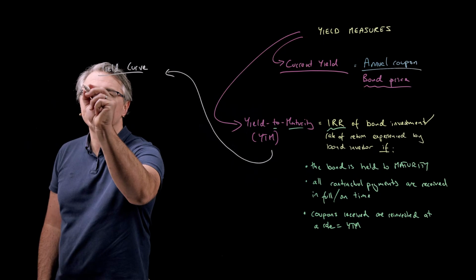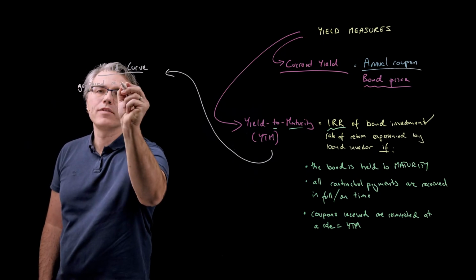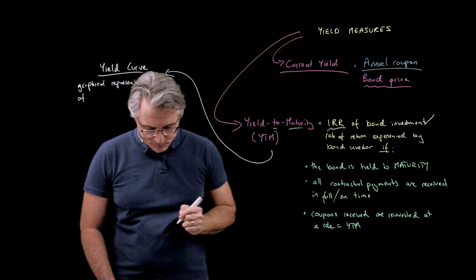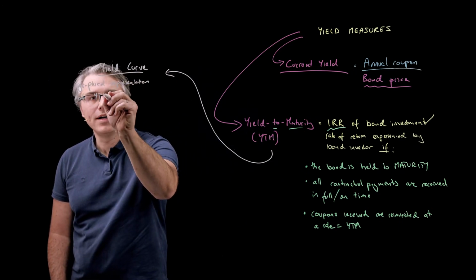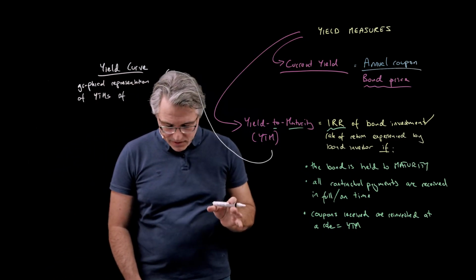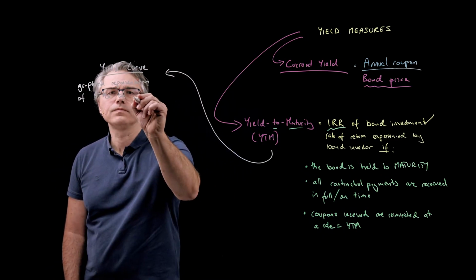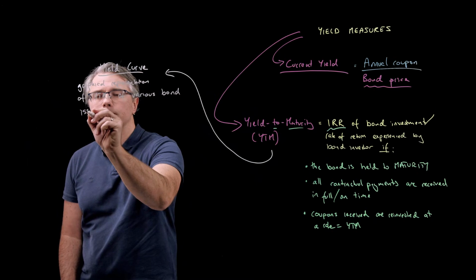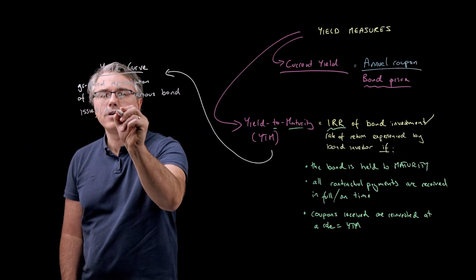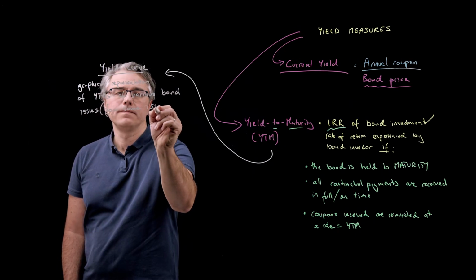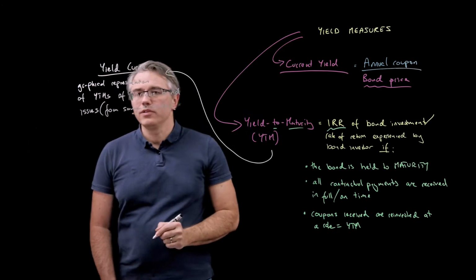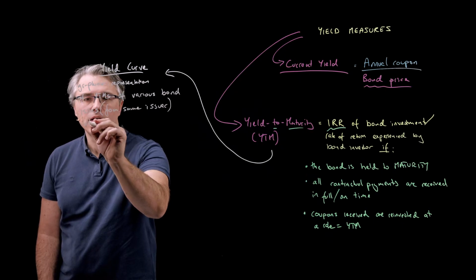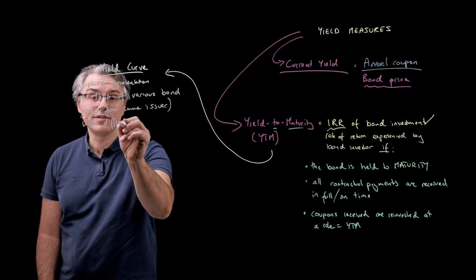It's a graphical representation of the yield to maturities, YTMs, of various bond issues, obviously, but from the same issuer, critically, with different tenors, meaning different times to maturity.